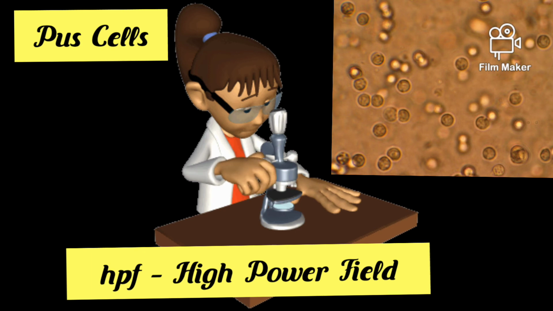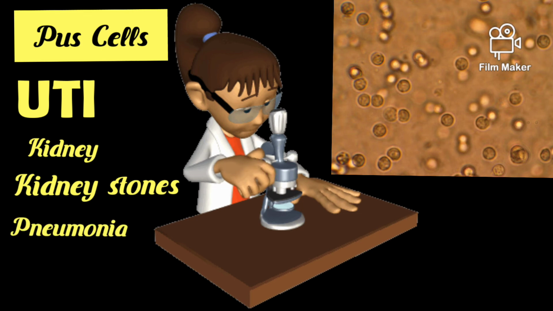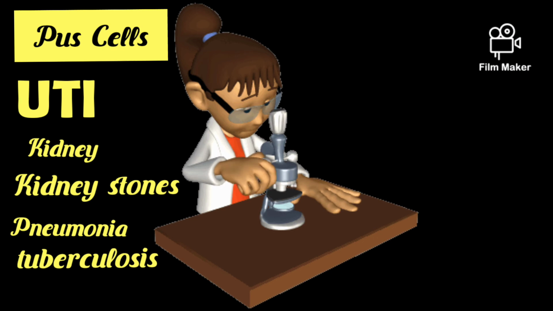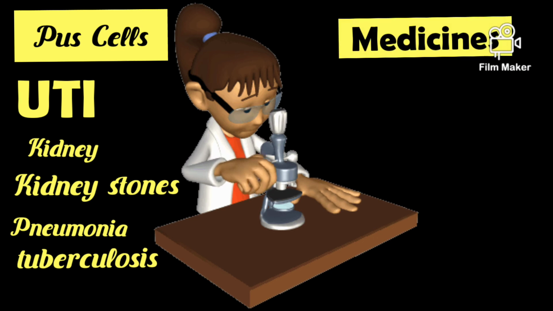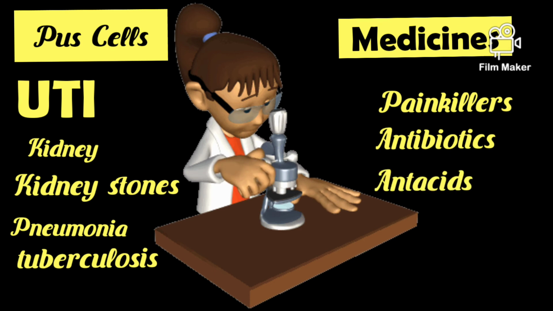Whenever we examine under the microscope in the high power field mode, we'll see the pus cells. Generally pus cells are seen in UTI, urinary tract infection, kidney problems, kidney stones, pneumonia, tuberculosis. And people who take medications routinely, like painkillers such as ibuprofen, aspirin, antibiotics like amoxicillin, and antacids like omeprazole, there are chances of pus cells in the urine.